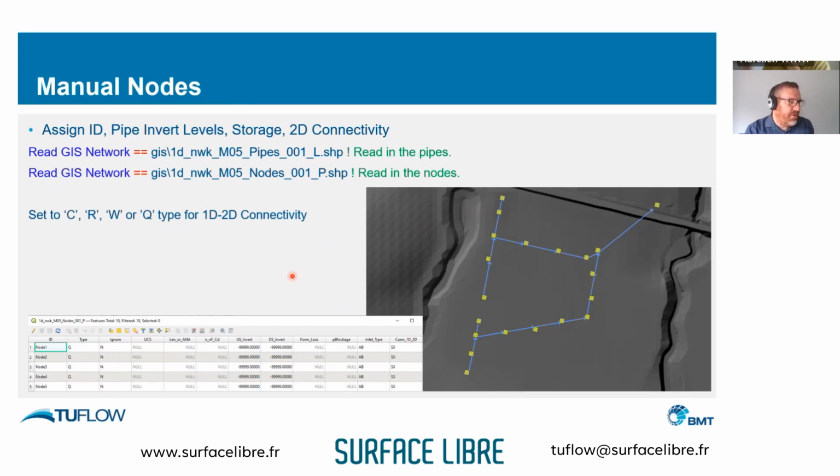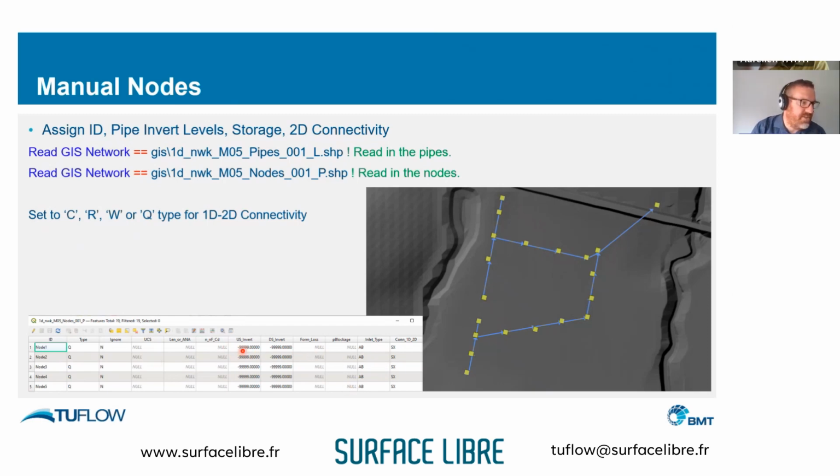So yeah, now we've used the pipes, we've used the nodes to change the name, and we've also used the nodes to create a 1D, 2D connection. Another reason we might want to use nodes is if we've got a point data set of invert levels and our lines don't have upstream and downstream invert levels in them, we can use -999, and wherever we use -999, that's going to do an interpolation.